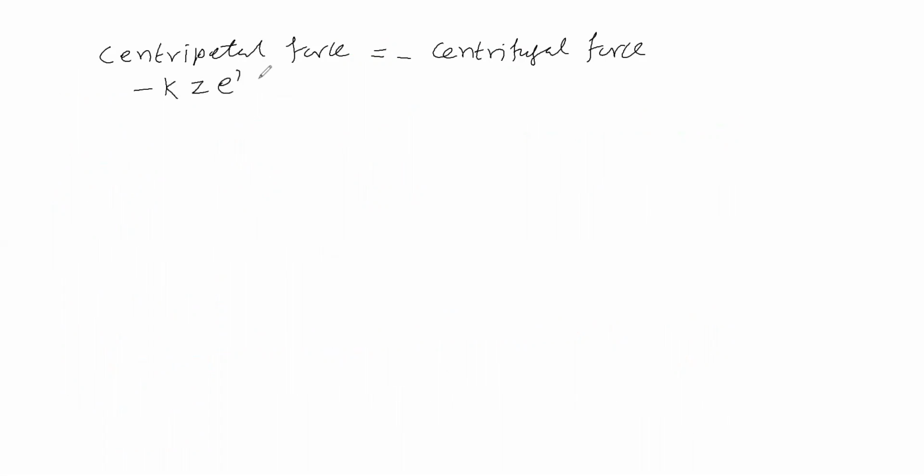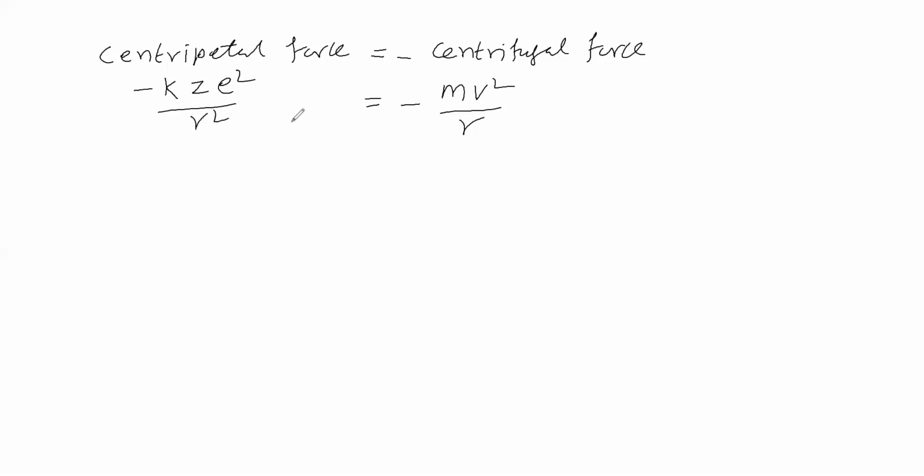That is how much? Minus k z e square by r square. And centrifugal force is how much? m v square by r. So centrifugal force is nothing but the force of attraction between nucleus and electron. That value we got already, minus k z e square by r square. m is the mass of electron, v is the velocity of electron, r is the radius of orbit.